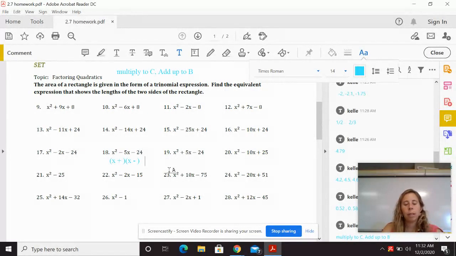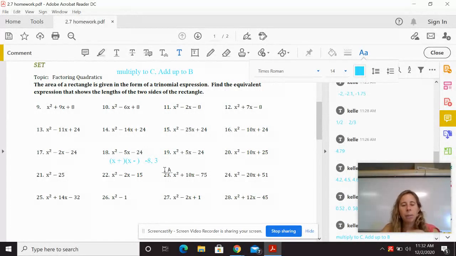Let's try 6 and negative 4. 6 times negative 4 is negative 24. Do they add up to negative 5? 6 minus 4 is 2. No. Okay. So then you have 8 and 3. Make one of them negative.